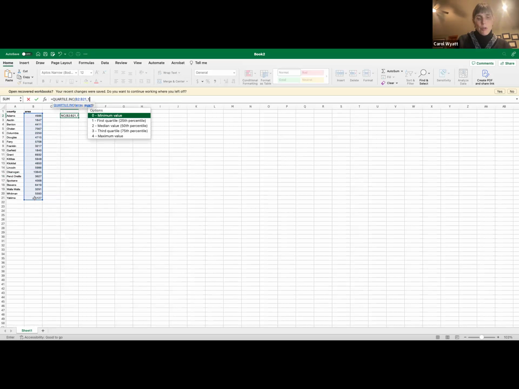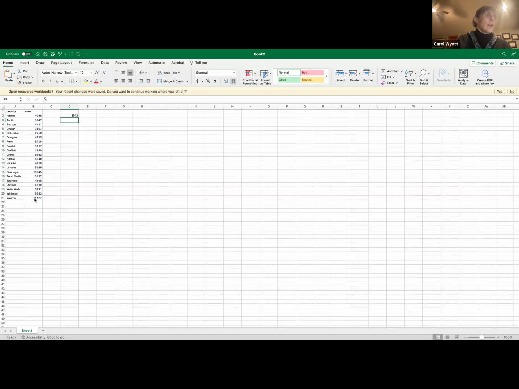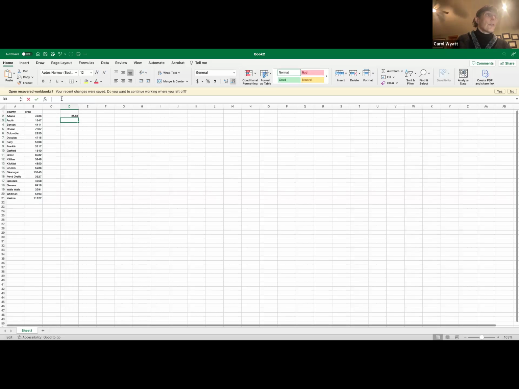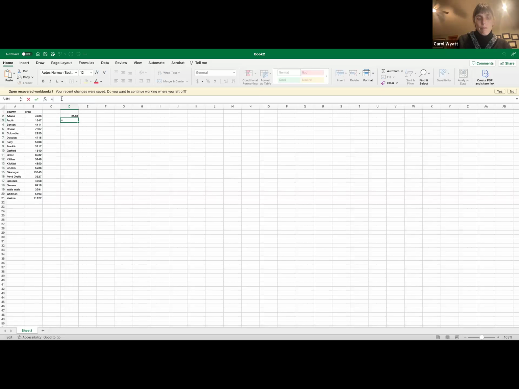And we want the first quartile. And I want to do the same thing with the third quartile. Include, and this array again. And we want the third quartile.